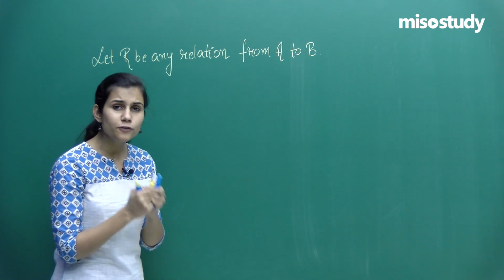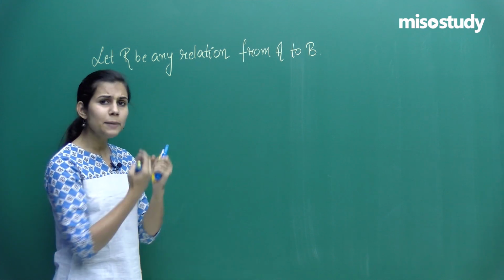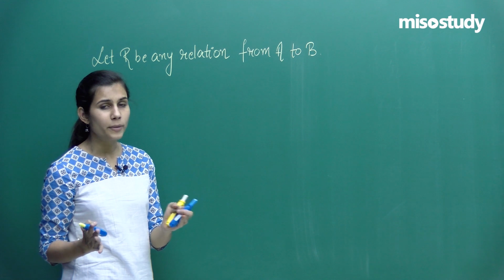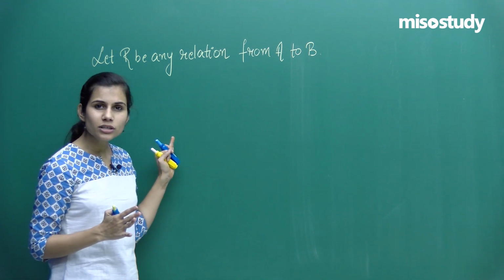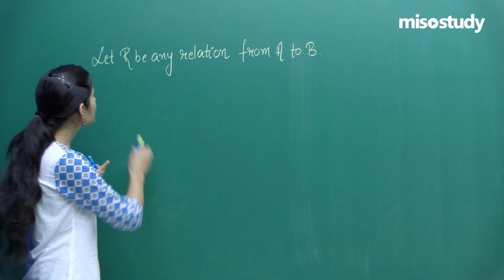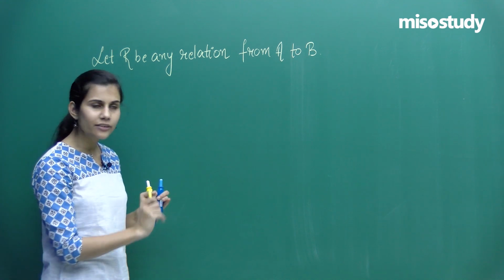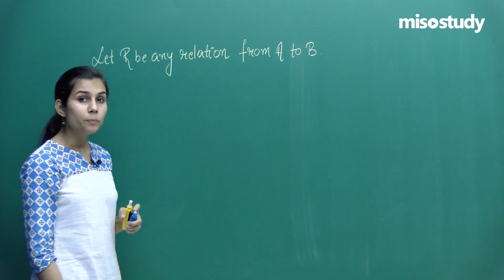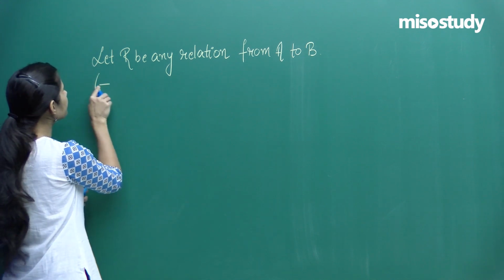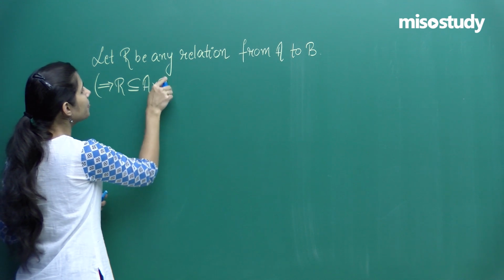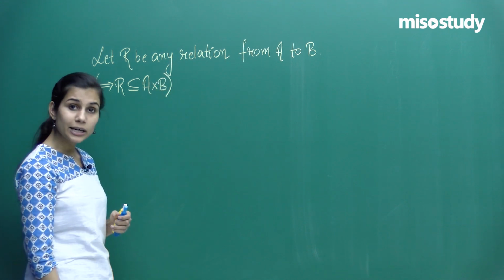But if you don't follow any rule, you can directly pick up members from A cross B and have your R in the roster form. In both the cases, this concept will be understood. So let R be any relation, either obtained from a rule or obtained randomly, from A to B, which means that R is a subset of A cross B, the Cartesian product of A and B.